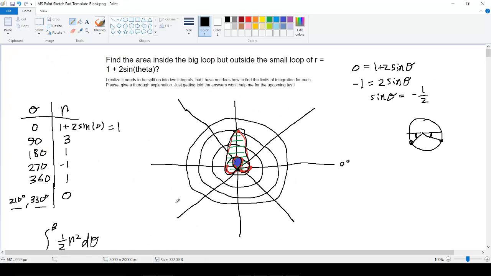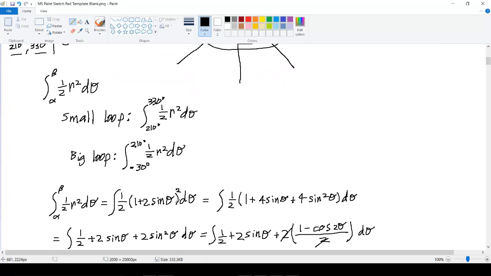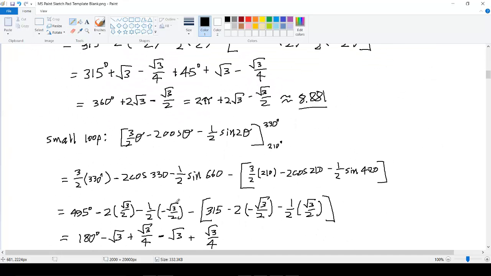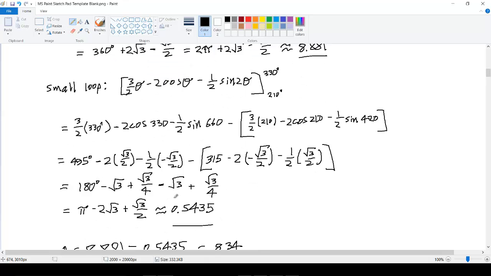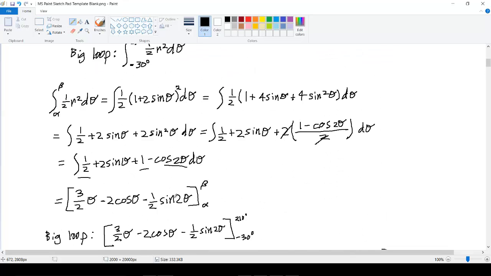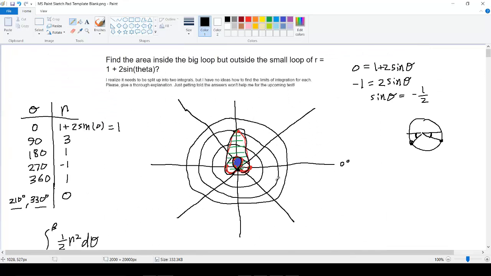So again, my biggest tip for these problems, particularly with polar graphs, is that it can be difficult to determine what direction they're going. So plot some points. Plot just about as many as you need to see what's happening.